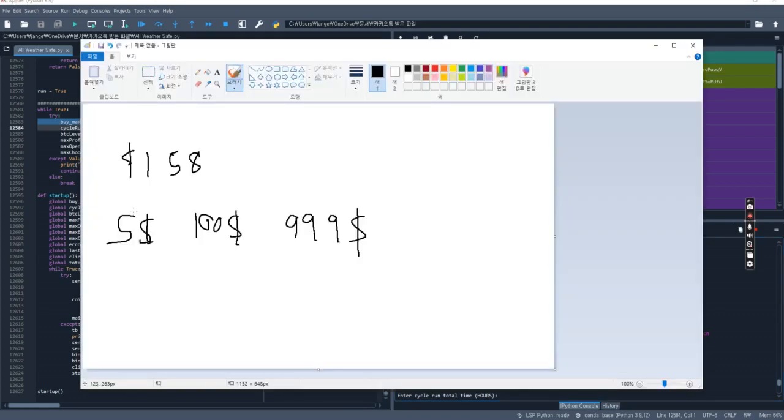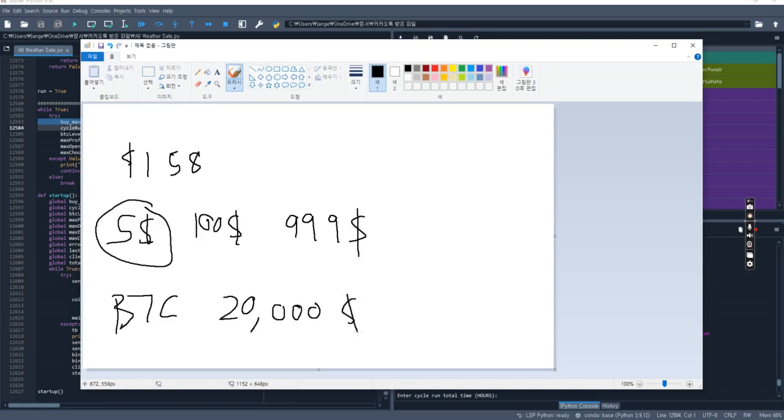And you might be asking yourself, well, if I do $5 per trade and the price of Bitcoin is 20K, how would this work? You actually don't need to worry about this because I've already made the program so that it buys only $5 worth of Bitcoin.